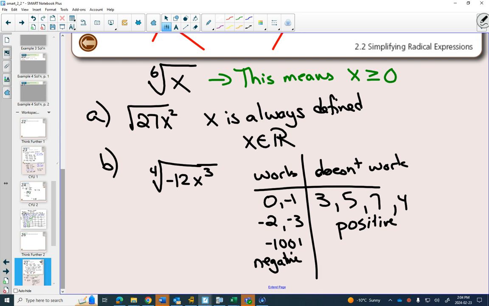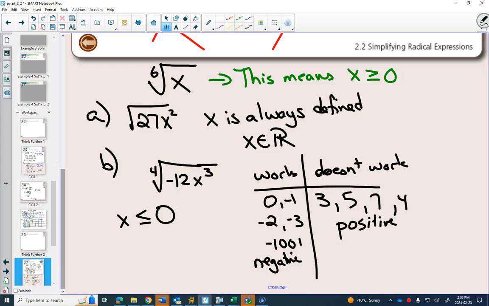But then that negative is going to get multiplied by negative 12. It's going to become positive. More specifically, anything negative and 0. Anything negative and 0. So how do we write that? We would write that x has to be less than or equal to 0. And that is where it's defined.